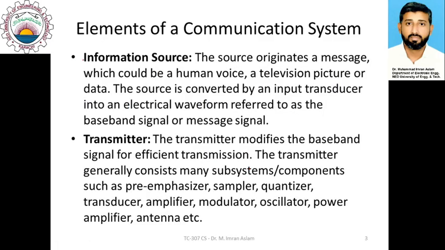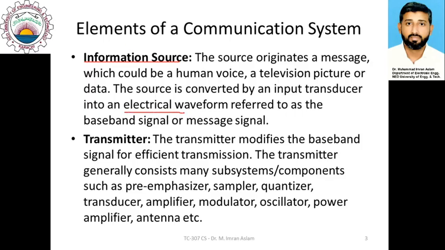So the first part is the information source. Actually, information source is any source which originates the information or message. It can be a human voice, it can be a television picture, or any type of data. In some cases, although the source generates the signal in electrical form, in other cases the signal is in non-electrical form, so we need to use an input transducer in order to convert that signal into an electrical waveform.